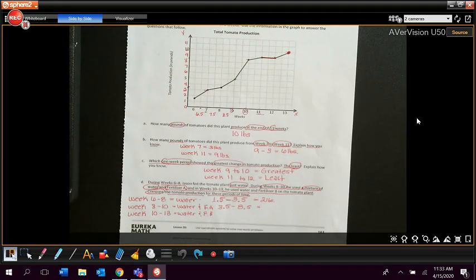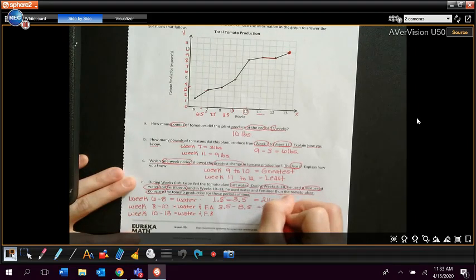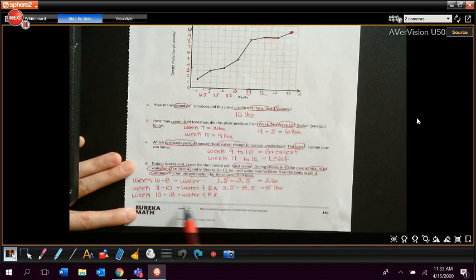So now let's do the same thing. What's the difference? Yes, 5 pounds. 5 pounds using water and fertilizer A for weeks 8 through 10. Now let's look at week 10 through 13.